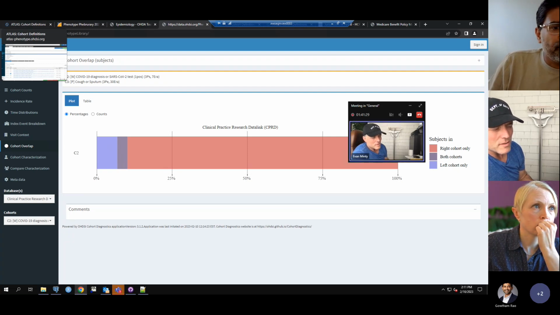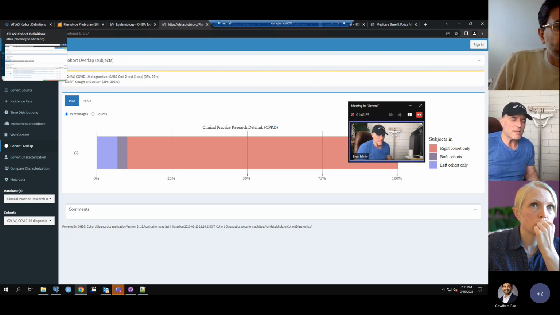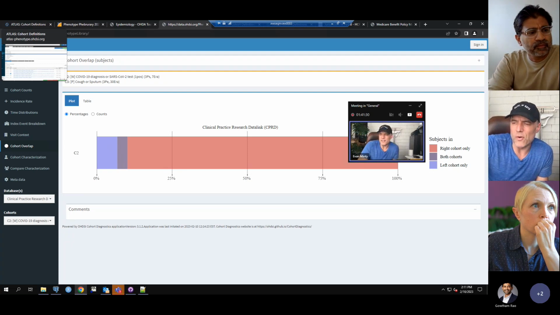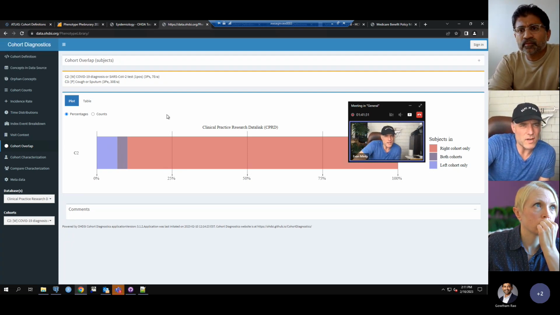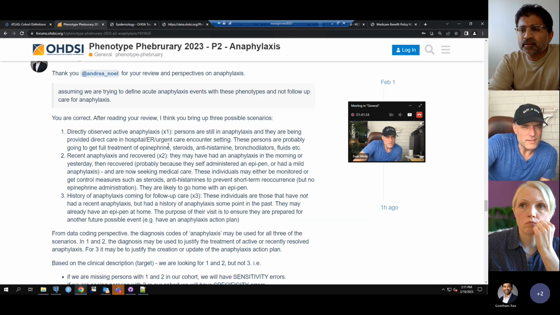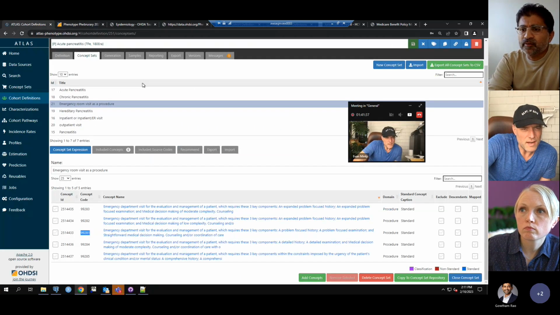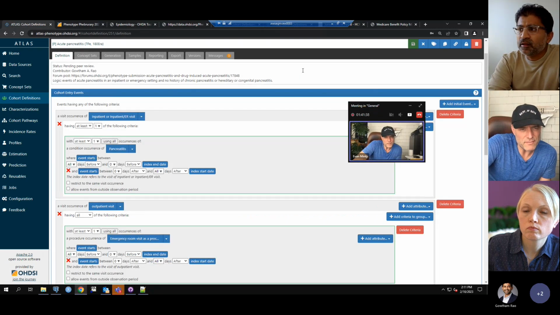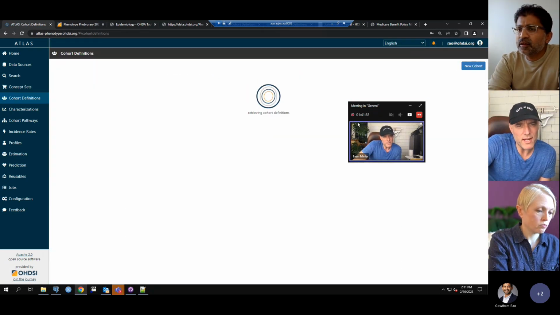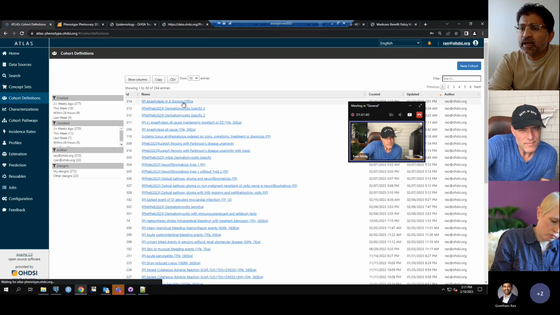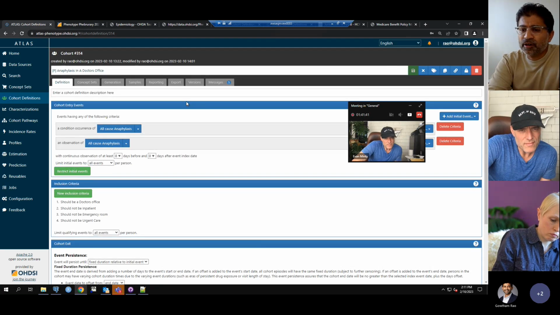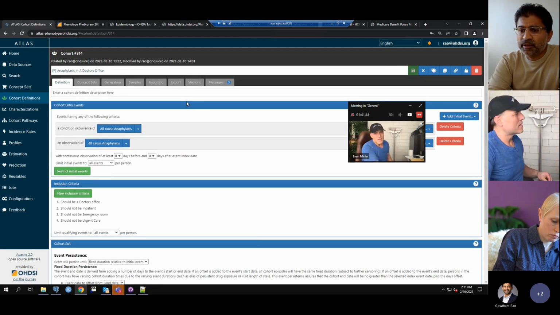While we're waiting, we also had these other cohorts that we wanted to build out, the X1 through X5. Should we take a look and see what we want to do in those areas? Yeah, I built out X1, X1A, and X2. You want to pull that up, or give me the JSON and I can pull it up here.